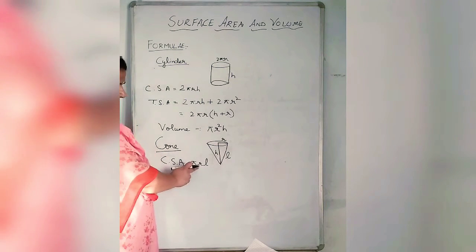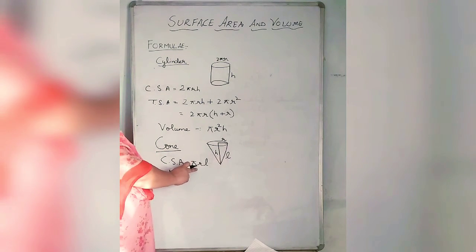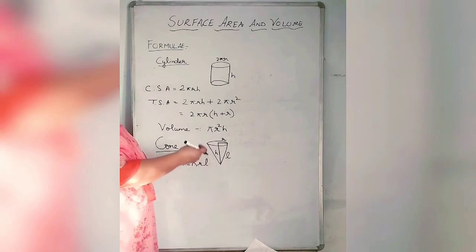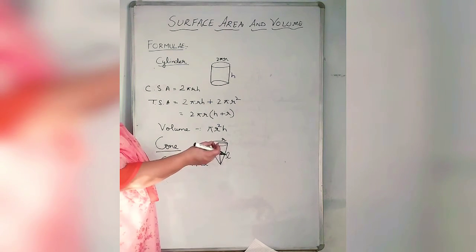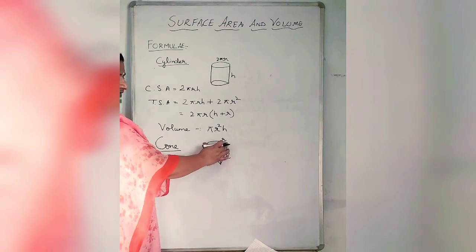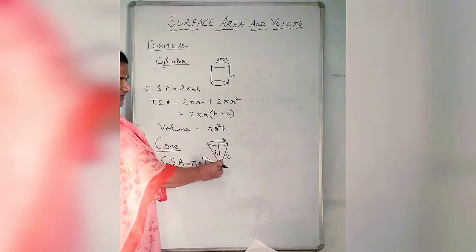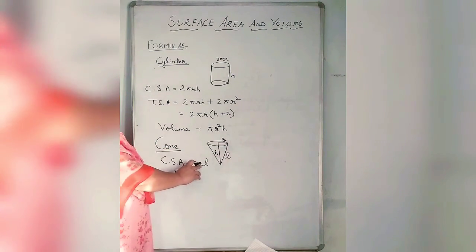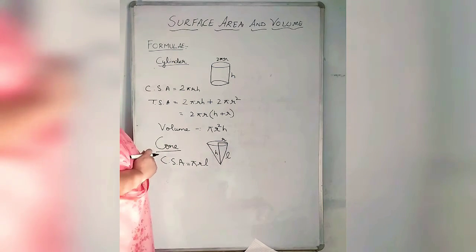So its curved surface area in that case is pi r, another r which we take in area of a circle, pi r square. Another r is converted into slant height because when I move towards the bottom, the radius is converted into the slant height. So its curved surface area is pi r L.